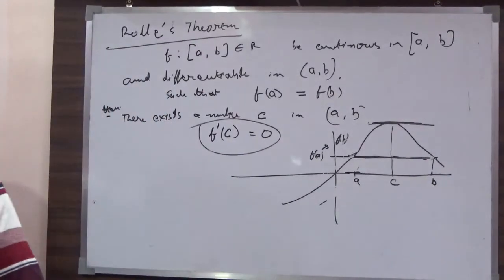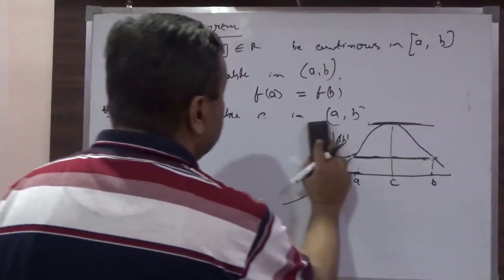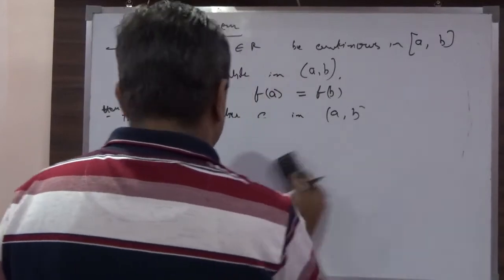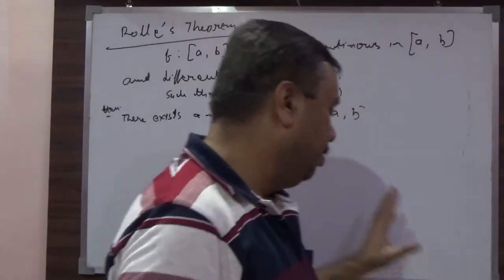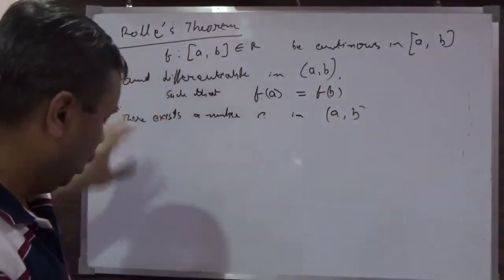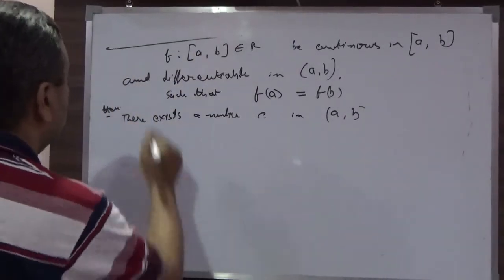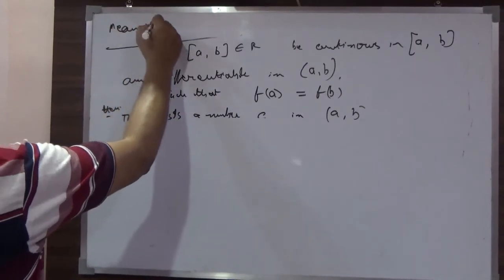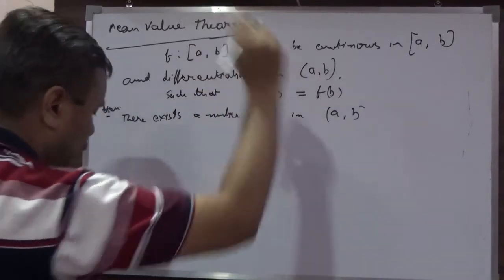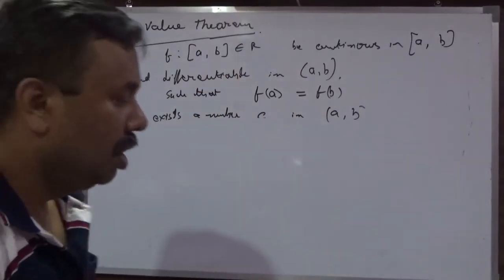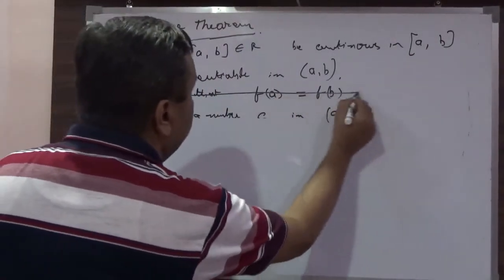Now, an extension of this. Extension means the same thing. That is called the mean value theorem. In this case, this condition is not applied.